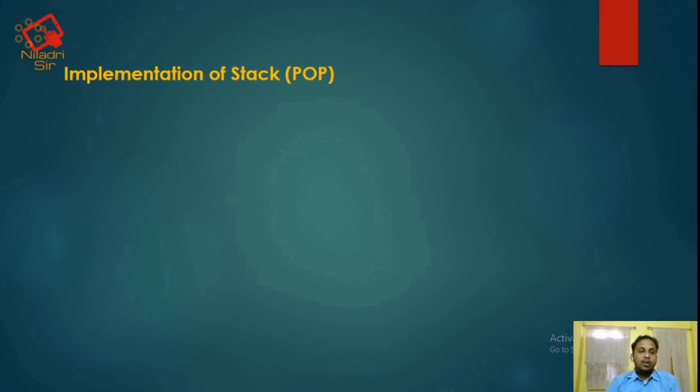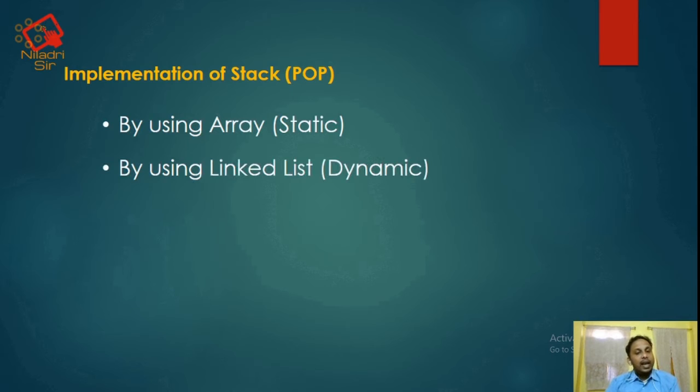Now come to the implementation of stack. Basically, pop can be implemented using an array as well as a linked list. If we want to implement the pop operation using static memory allocation, then we will use an array. If we want to implement it using dynamic memory allocation, then we will use a linked list. What is static memory allocation?